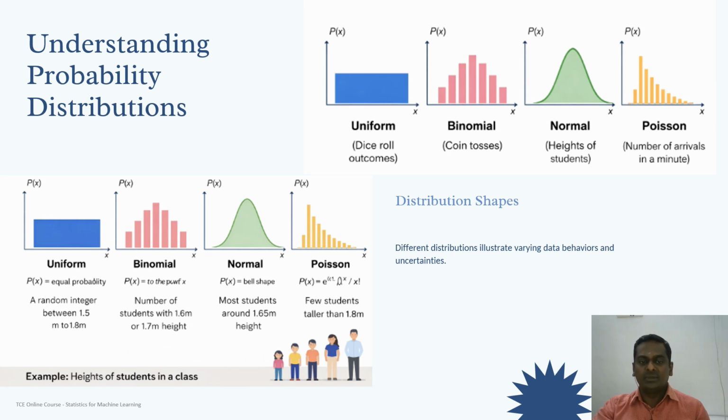That means a random height between 1.5 meter to 1.8 meter, since we are taking the data set of students' height in a particular class. For binomial, it can be represented as number of students with 1.6 meter or 1.7 meter height. For normal distribution, most students are around 1.65 meter height. For Poisson, few students are taller than 1.8 meter.